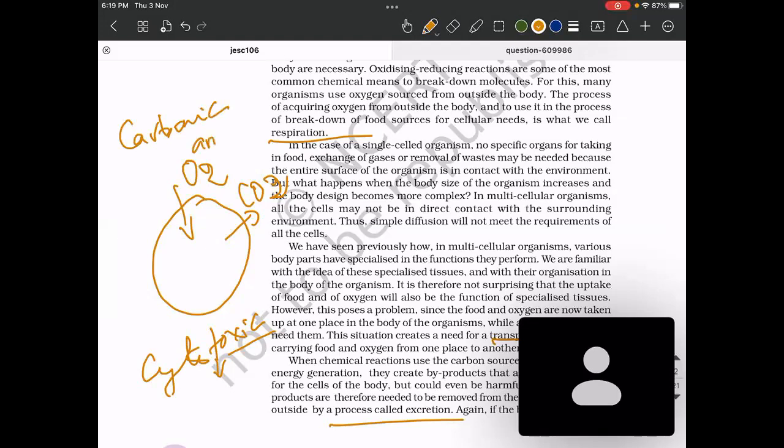There is an enzyme called what? Carbonic anhydrase. Do you remember this enzyme? What does it do? It converts carbon dioxide into bicarbonate. Correct. If the carbon dioxide is released as such, it becomes toxic to the cell. So the red blood cell converts this carbon dioxide into bicarbonate, like this buffering system: H plus and HCO3 minus, and H2CO3.